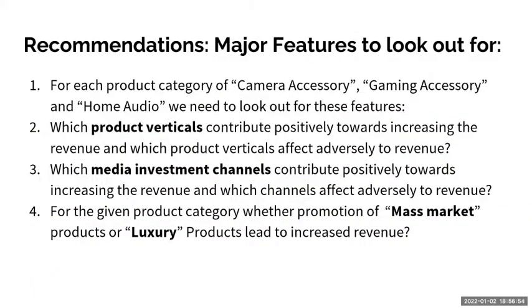So now we come to the major recommendations. As a company marketing head, CEO or CMO, I would be interested in looking into the different product verticals that are contributing to the revenue, and then the different media investment channels that are contributing to the revenue. And finally, whether the product category is mass market or luxury.